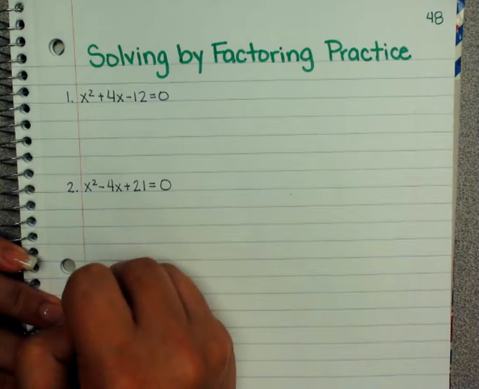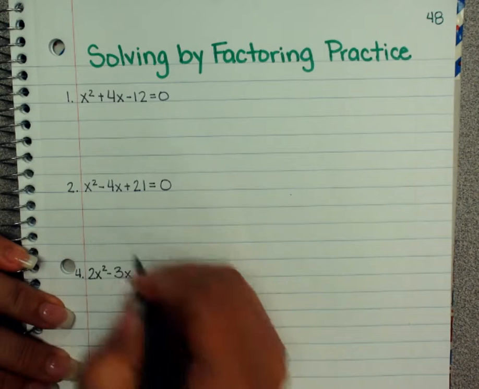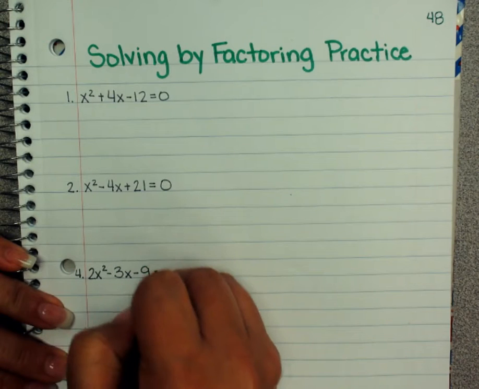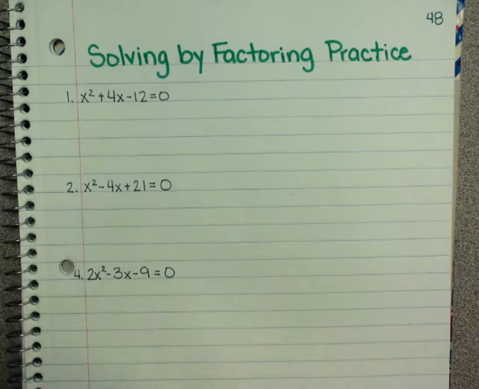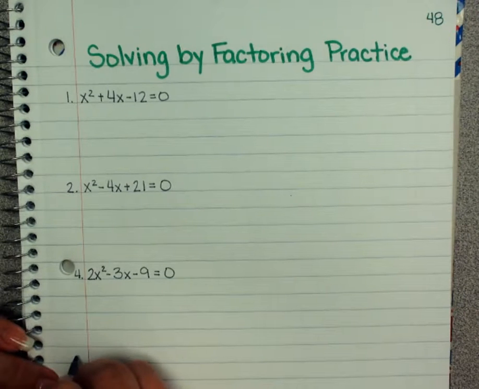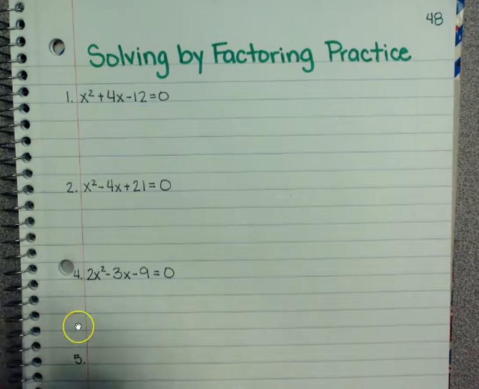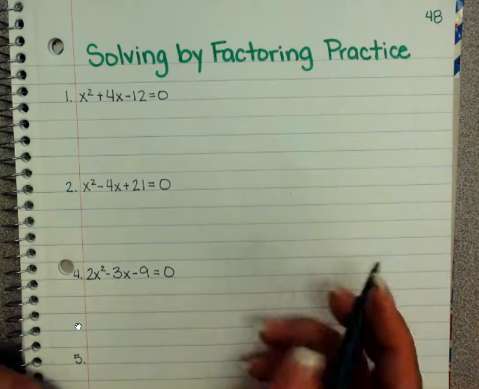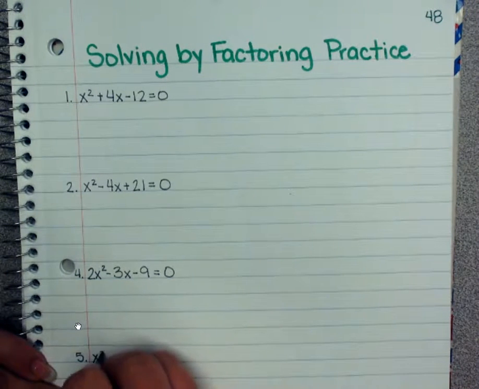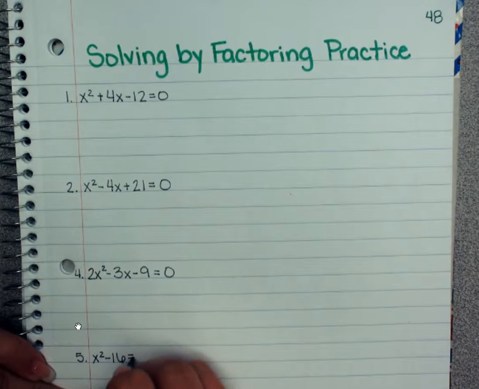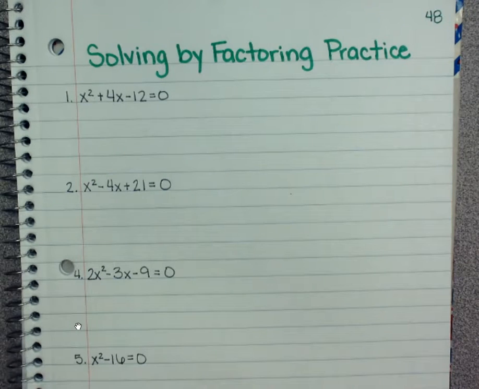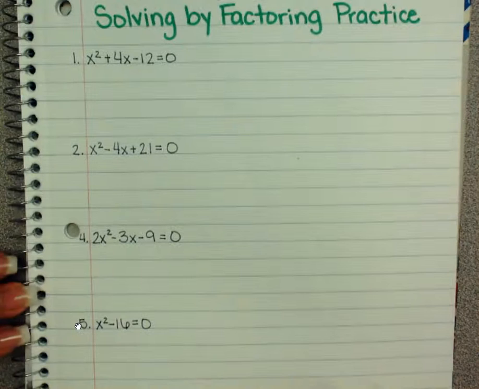X squared minus 3x minus 9 is equal to 0. X squared minus 16 is equal to 0. Okay, 4 problems.